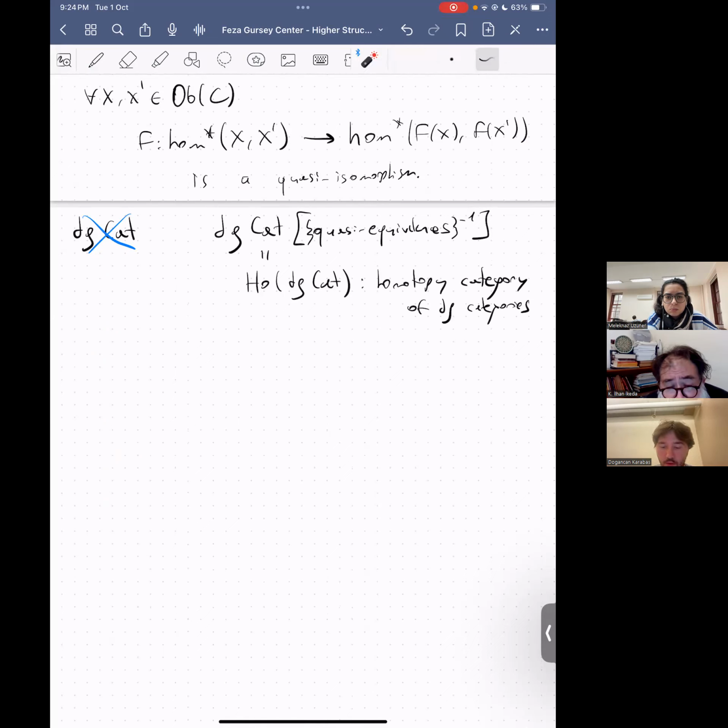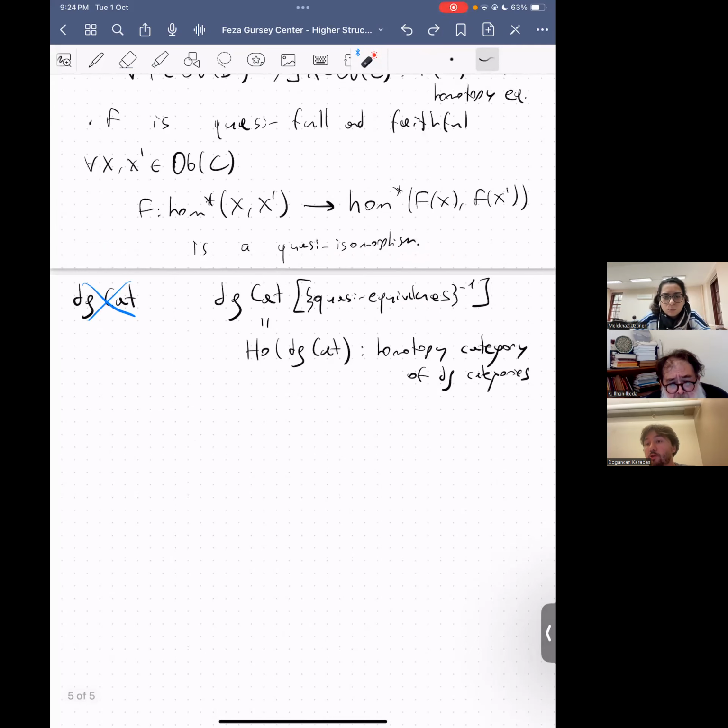So what does this mean? This means the quasi-equivalences are not isomorphisms in DGCAT normally. A quasi-equivalence doesn't need to be an isomorphism. It doesn't need to be invertible. But we want them to be invertible.